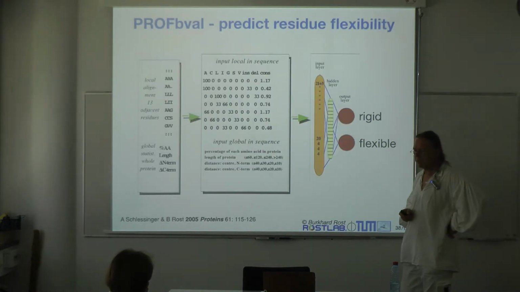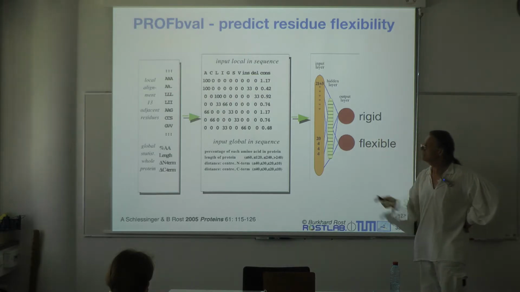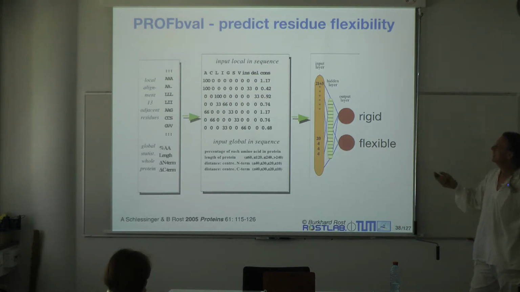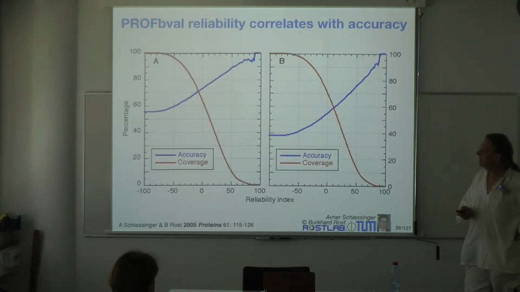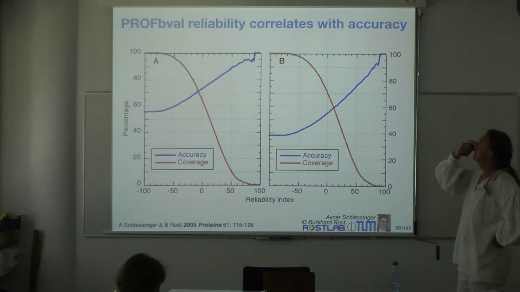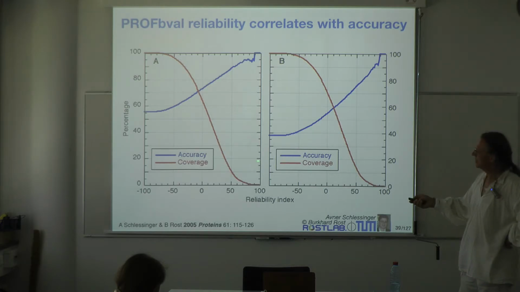When you do your prediction method, again, you do the same thing as before. You use profiles, and then you have 2 output units, rigid and flexible. You establish accuracy and coverage. You look at the reliability index, so you see whether the difference between these 2 units helps you to increase accuracy.